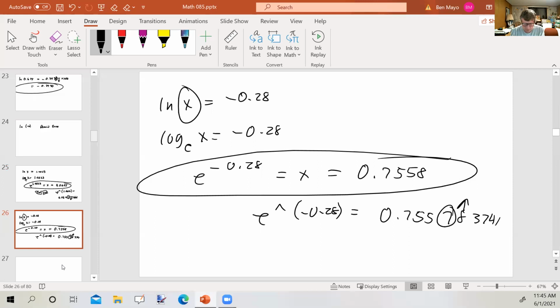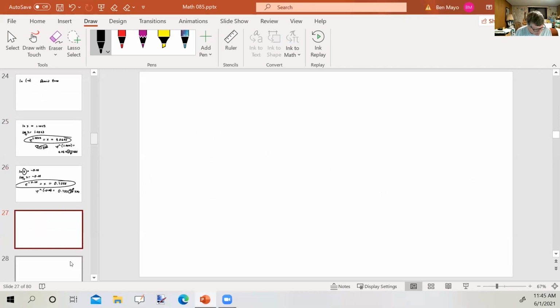Okay, we're going to look at some application problems or story problems. The directions here say continuous compound interest. So that's the introduction to the problem, continuous compound interest. That means we're going to be using the formula that contains e.